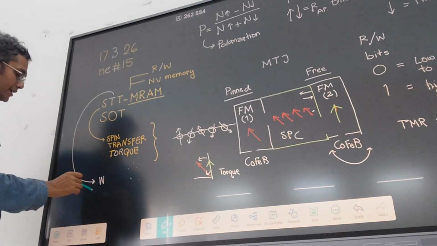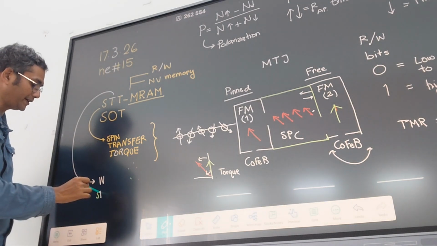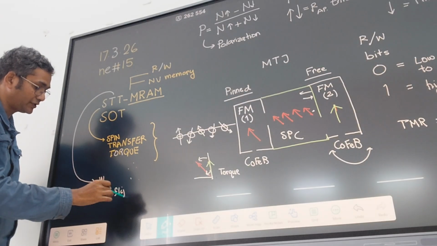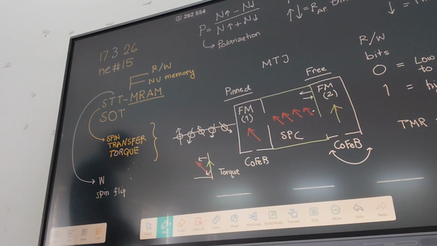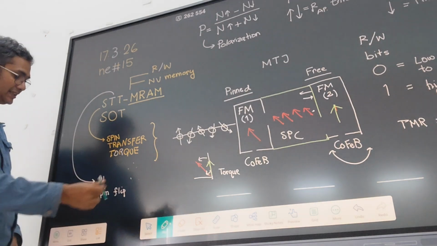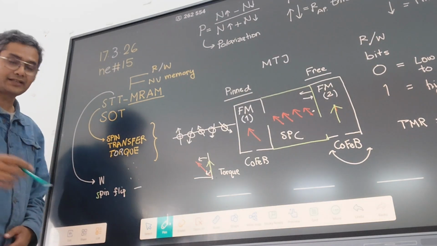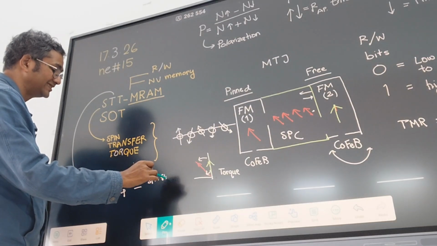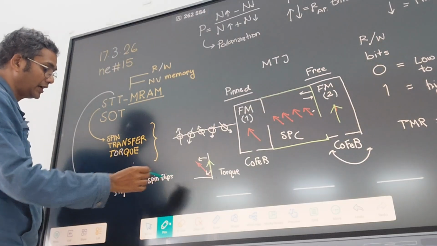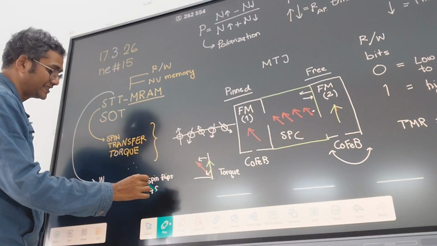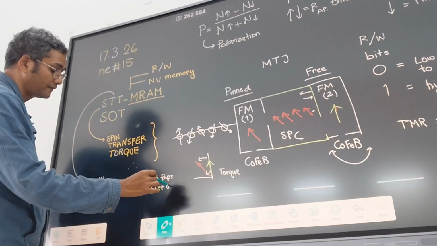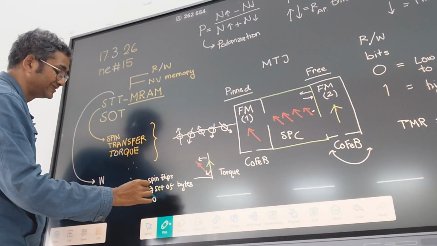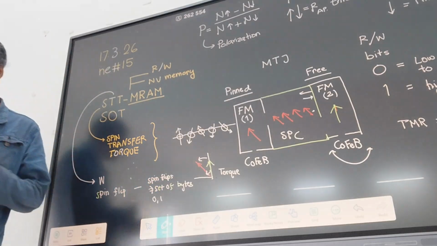Okay, because we are involved in flipping. Spin flip, it involves spin flip. That means already is existing state है, उसके ऊपर we are imposing some different spin flips which were not there, and these spin flips are creating a set of bytes 0 and 1. तो क्या बोलते हैं, we are writing it.